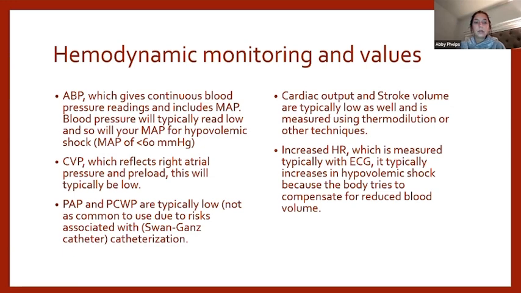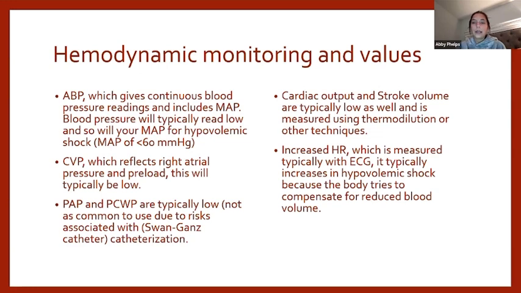Your CVP, which reflects your right atrial pressure and preload, will typically be low. Your PAP and your pulmonary capillary wedge pressure are typically low as well. It is not as common to see this because the Swan-Ganz catheter is not typically used anymore.